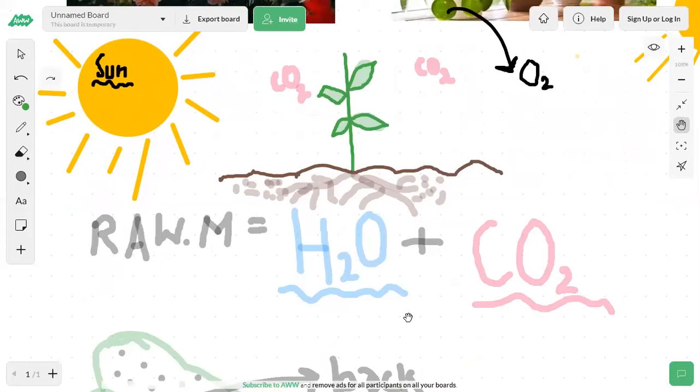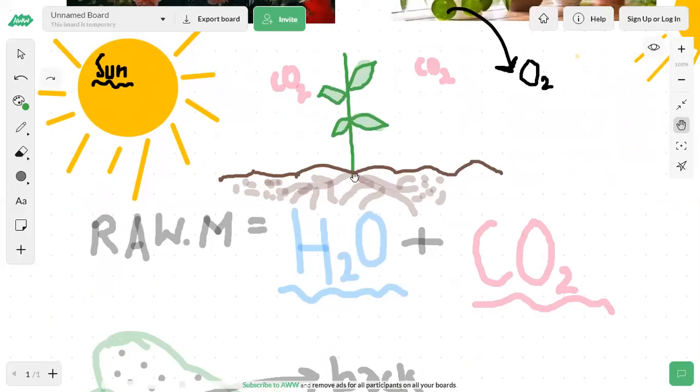Well, water is present in the soil, because the soil is made up of very, very small pieces of rock, and between the rocks, in the gaps, is water. And that water is taken up by the roots of the plant, and it is transported up into the stem and then into the leaves, where photosynthesis mainly takes place.